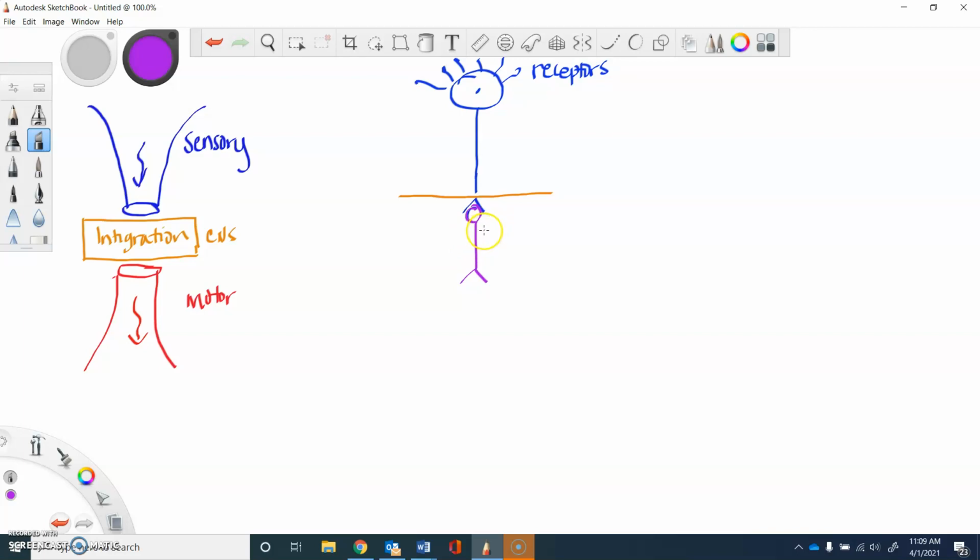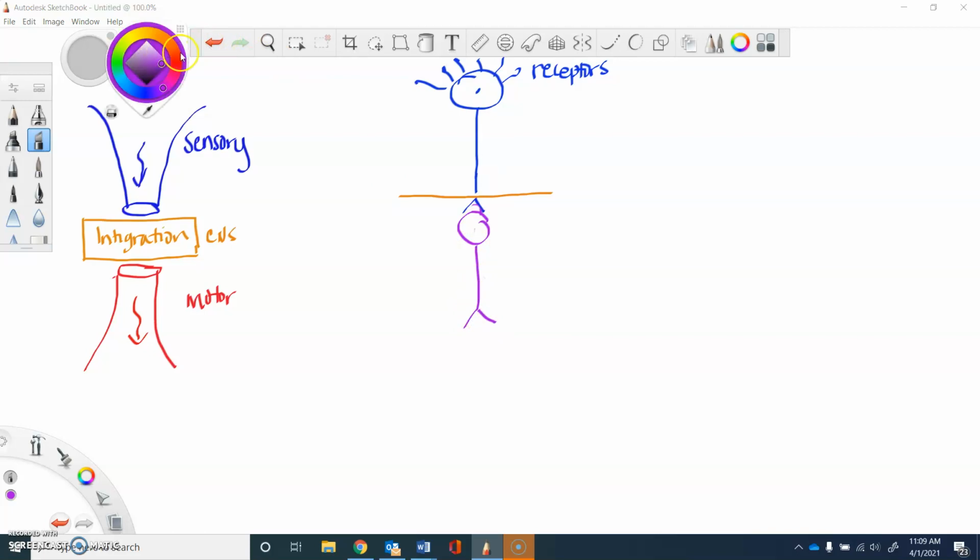Because if it goes up to the brain, then it'll be processed or whatever and then come back down and go out. But give me 1 second, I am going to make this bigger. So this neuron, this is within the central nervous system.